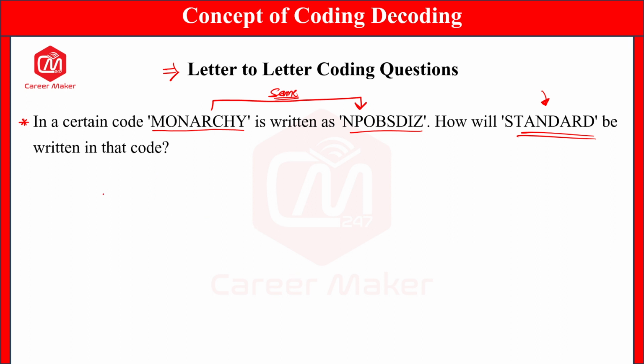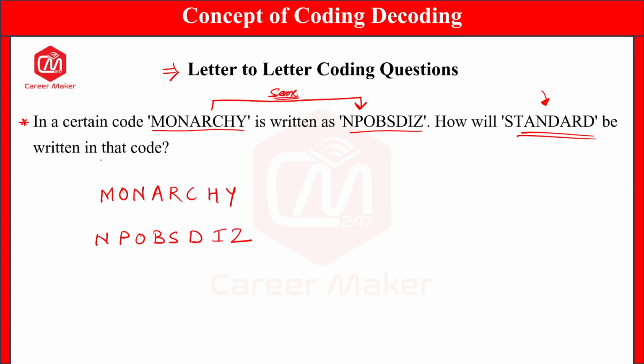Now here, how it is written, I am writing here, that's the general notation or the way to solve the question of letter to letter coding or letter to number coding. Write down the codes just below the word so that you can find out what actually they are doing.